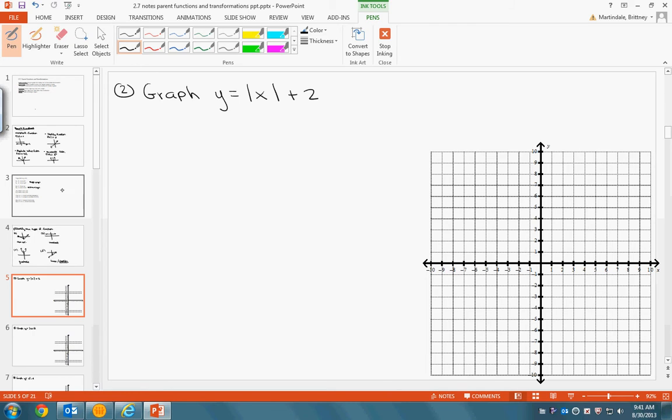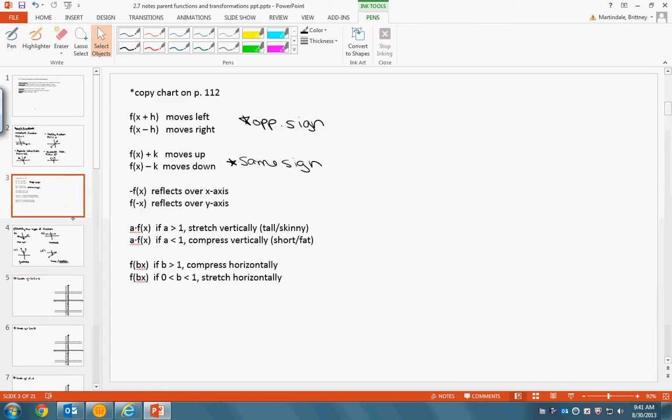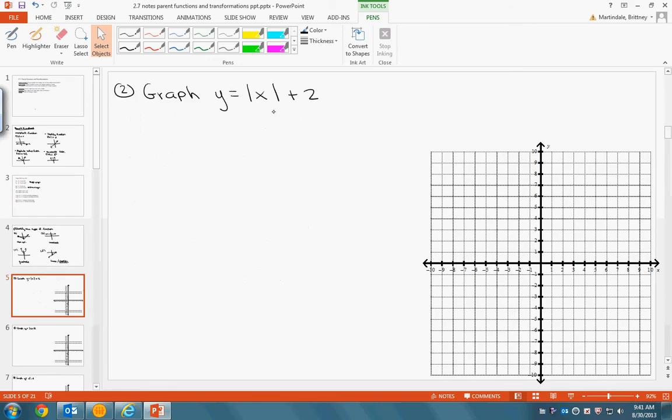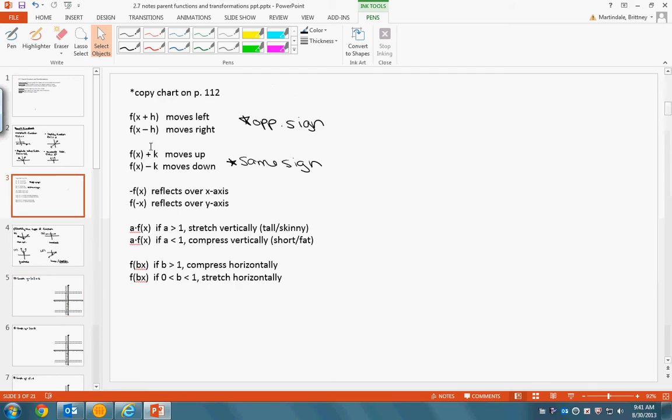So if you go back to our rules, on our example, the 2 is outside of the absolute values, or eventually we'll get into square roots or parentheses or whatever. So if the 2 is outside, that looks like one of these. So it's going to be up or down, the same as the sign that we have.